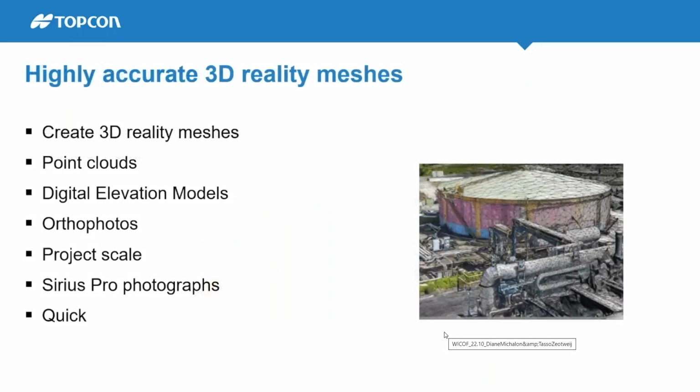The types of outcome you can have are various. You can see one of them on this picture. You can create reality meshes, point clouds, elevation models, orthophotos, and it really gives a new scale to your project to be able to have so much data.